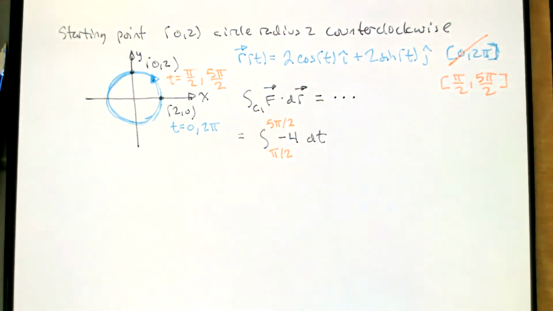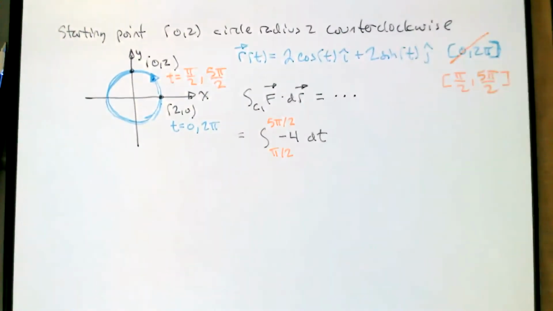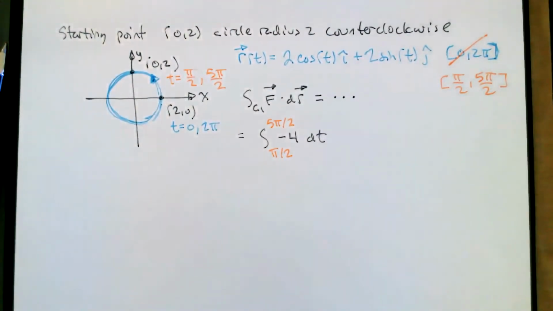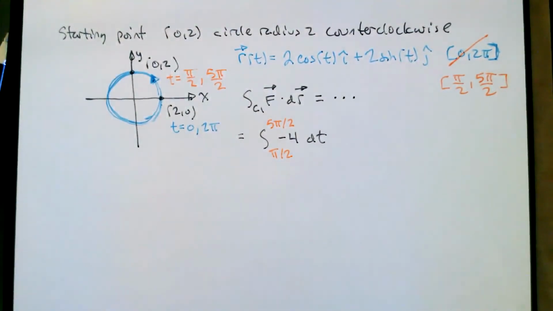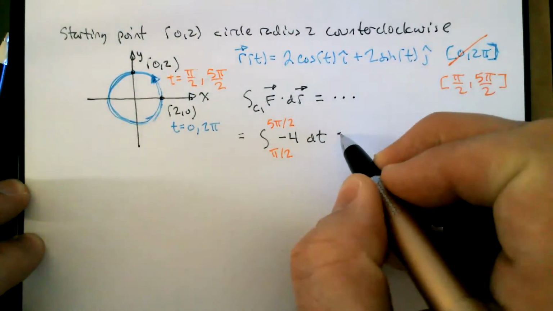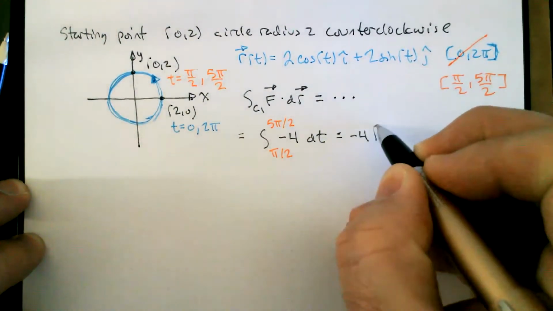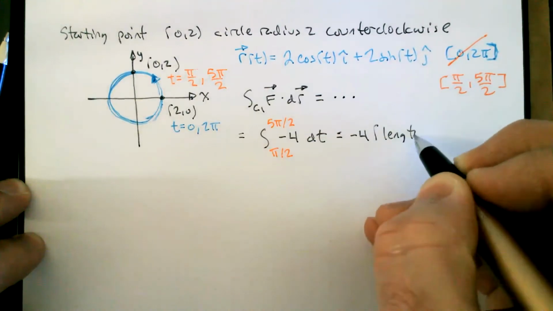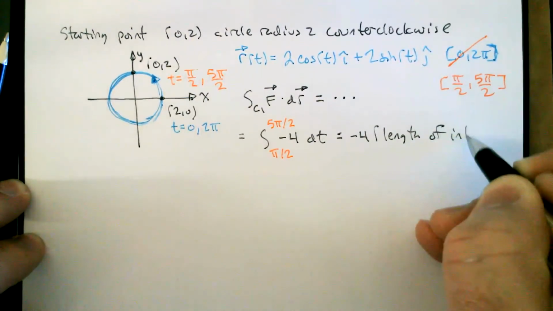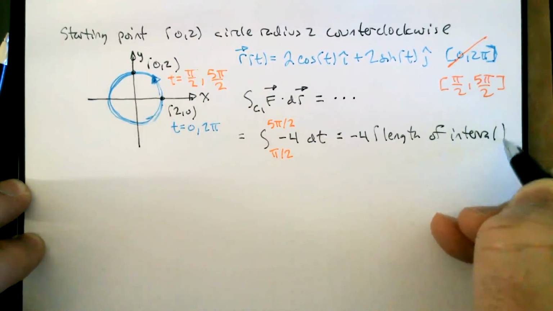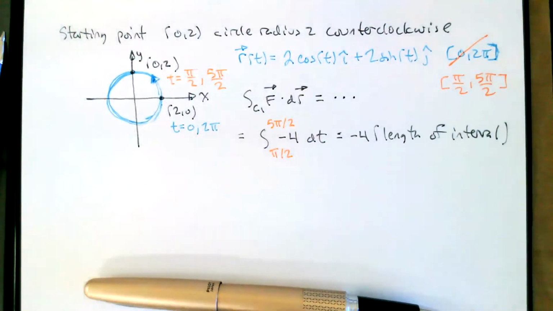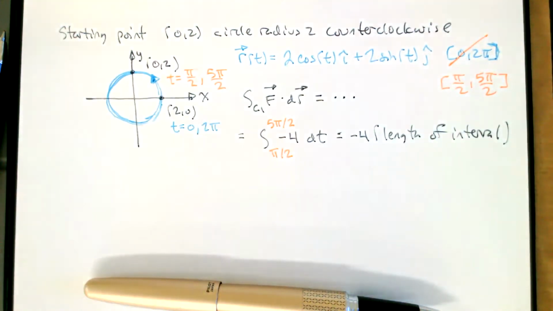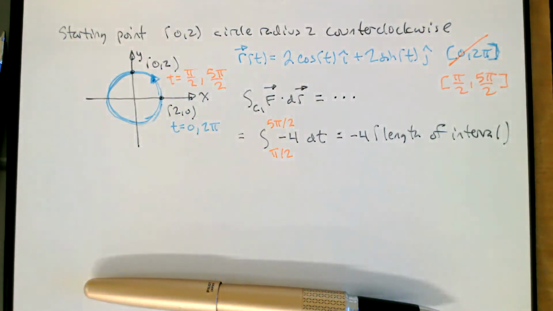So this is just going to be -4 times the length of the interval. Thinking about integration, if we can make a single integral of the function 1, we get the length of the interval.